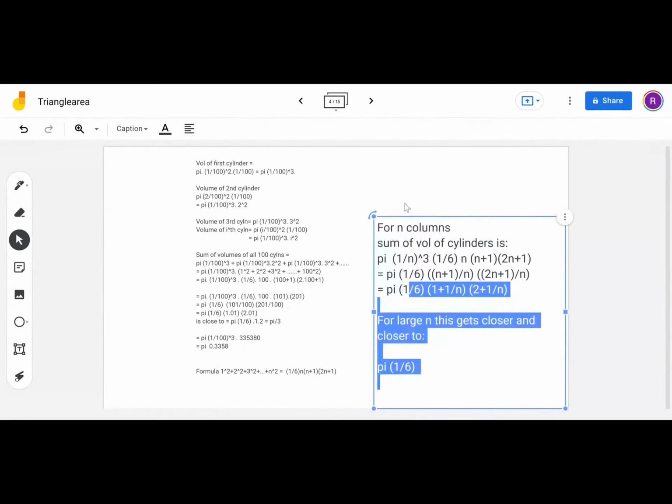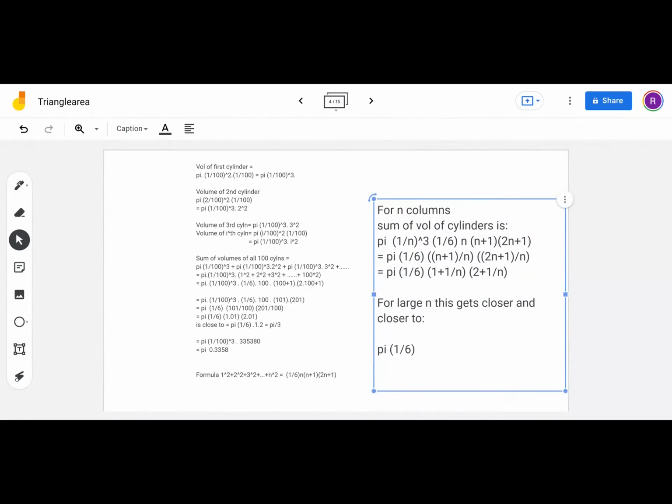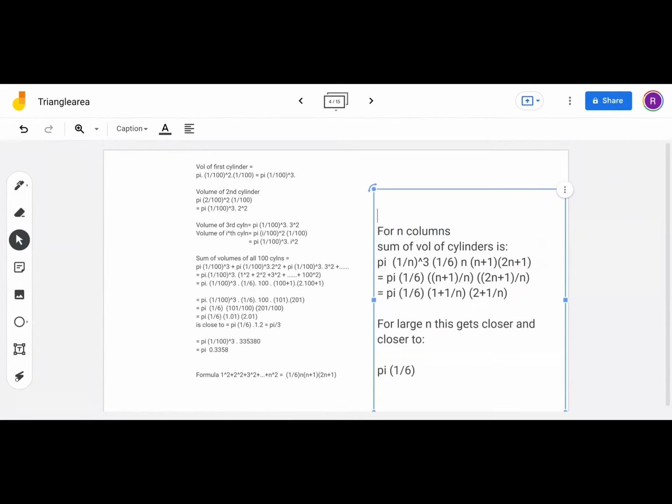So if I take n plus 1 and divide by n, it is equal to, I can take the n into both things, right? So I'll get n divided by n plus 1 divided by n.